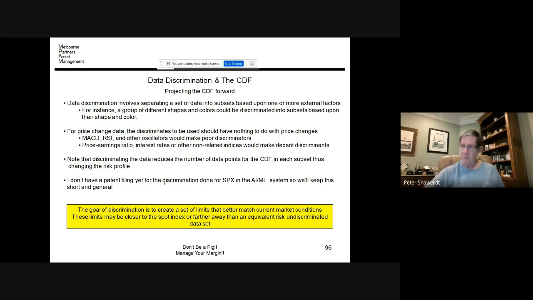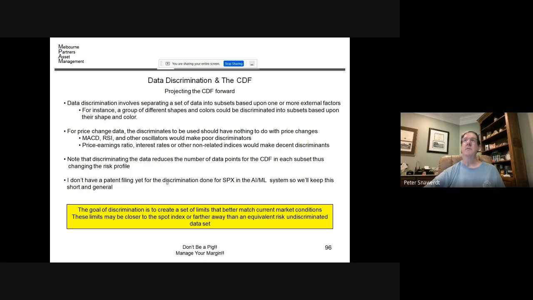Basically, what we do is we compute a cumulative distribution function, here shortened to CDF, and then we project the results of that forward to make an estimate of what we expect in the future. But that's done on just one stock or one index or one ETF.